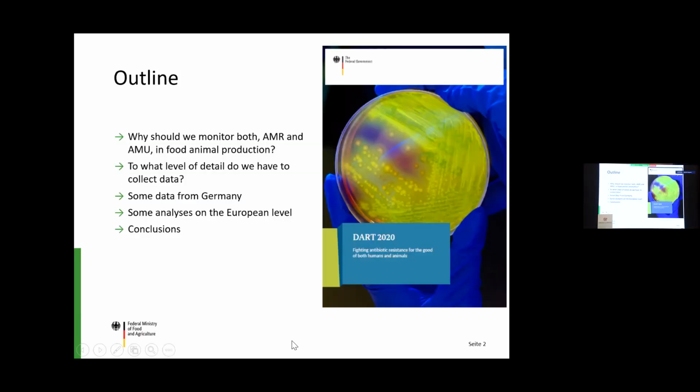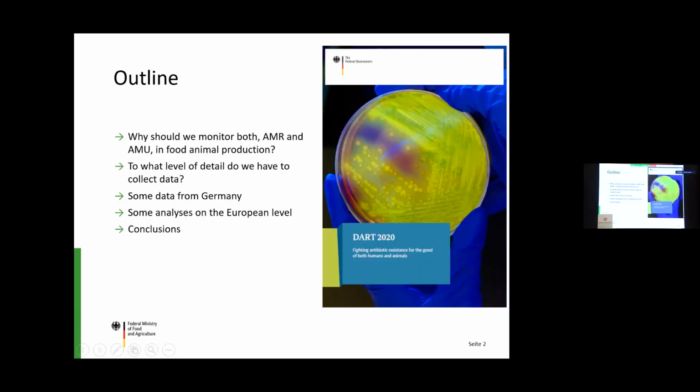I will cover briefly the recent development of antimicrobial use in Germany. And in the second part, I will briefly highlight a report from the European agencies on the association of antimicrobial use and antimicrobial resistance in humans and animals on our national level.